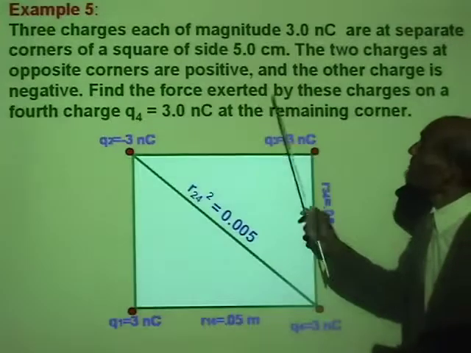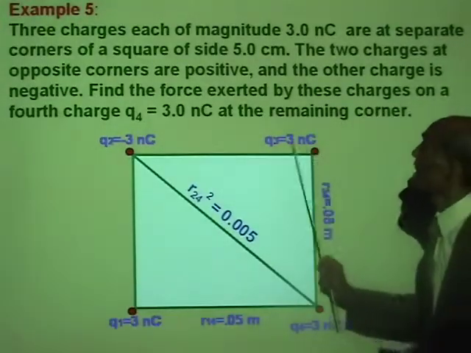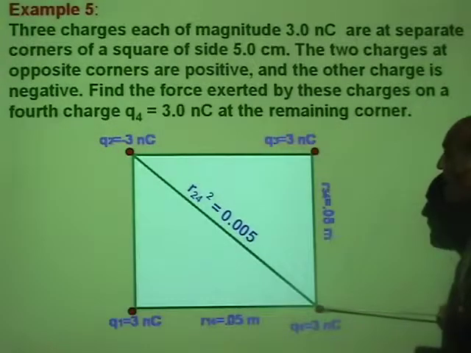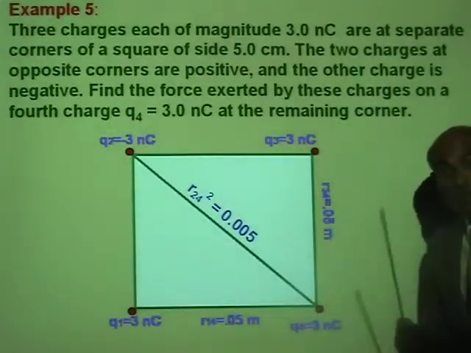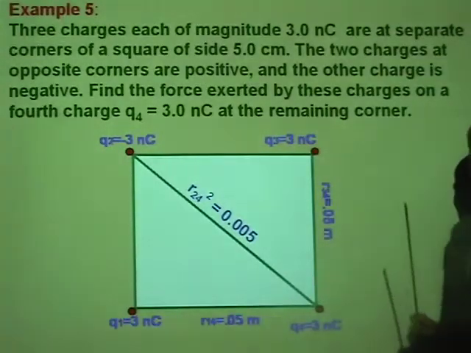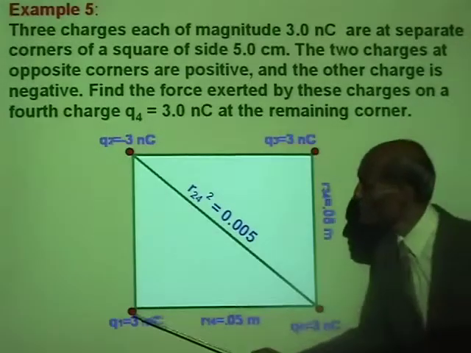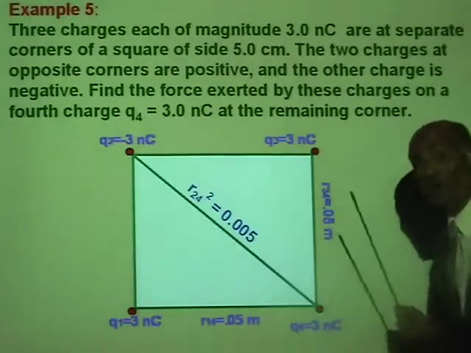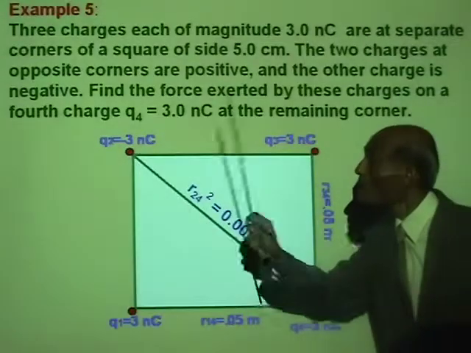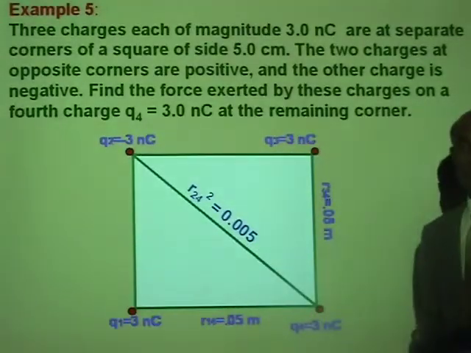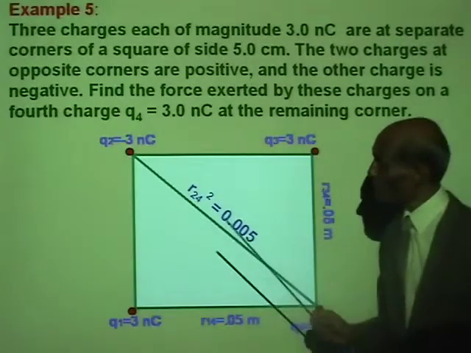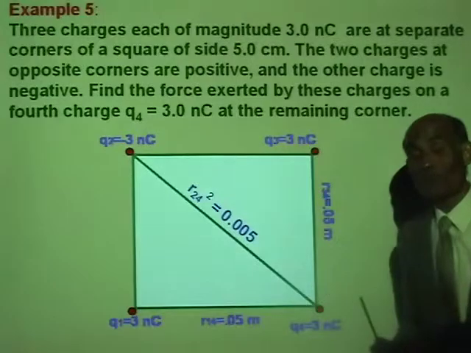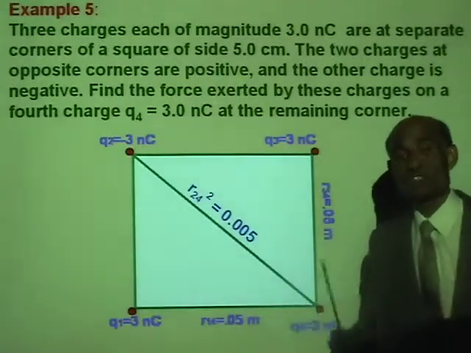Now, we need to find the force exerted by these three charges on a fourth charge Q4, which is a positive 3 nanocoulomb. So identify Q1 is positive, Q3 is positive, Q4 is positive, only Q2 is negative. Alright, before we move on from this slide, the first thing to figure out is what are the distances involved.